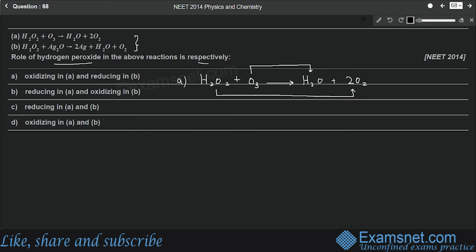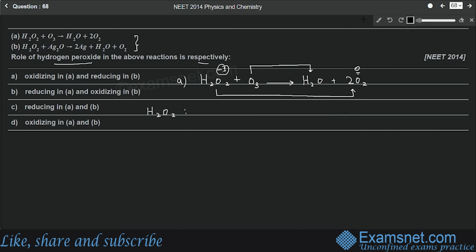Okay. So what is the oxidation state of oxygen in hydrogen peroxide? In hydrogen peroxide, that is H2O2, the oxidation state of oxygen is -1. And when it is converted into pure oxygen, then its oxidation state becomes 0, because we know that in pure state the oxidation state is 0.